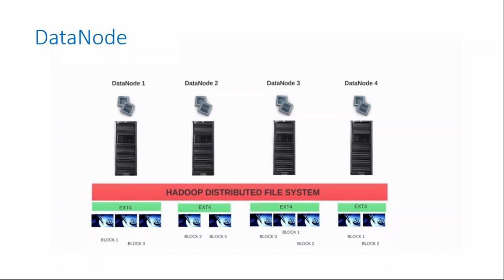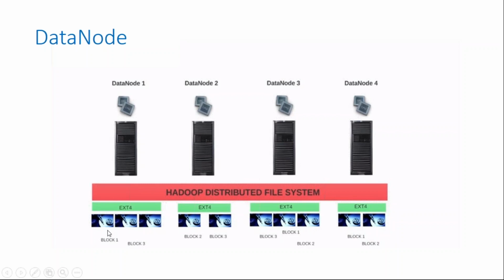All they know is what blocks they are holding. They wouldn't know what blocks make up a file, or if the replication factor is 3, where all the other replicated blocks are on the other nodes. They don't know anything except what is on their disk.